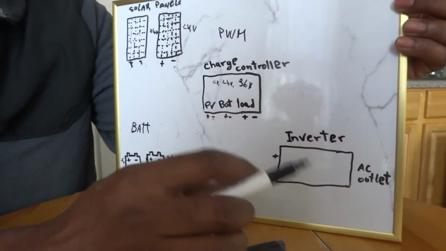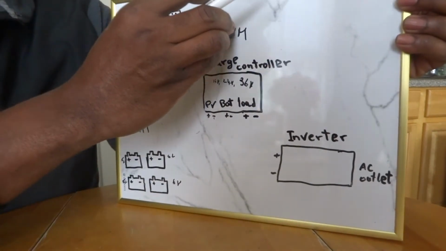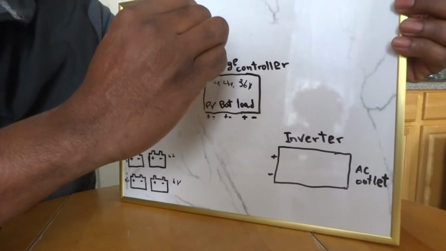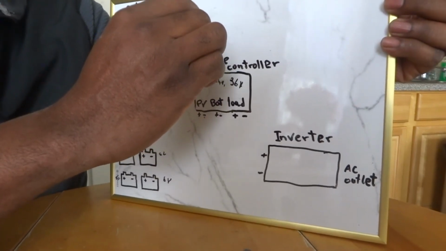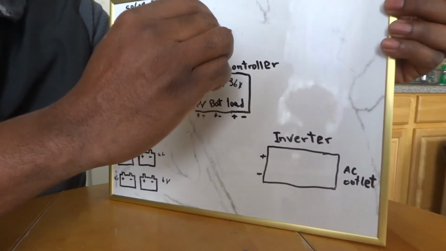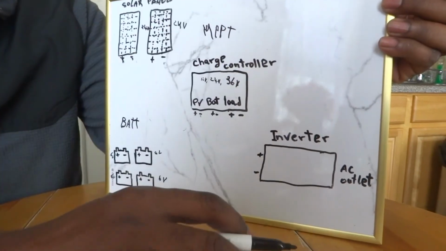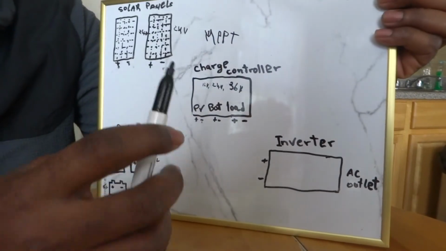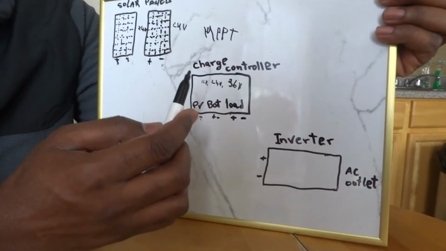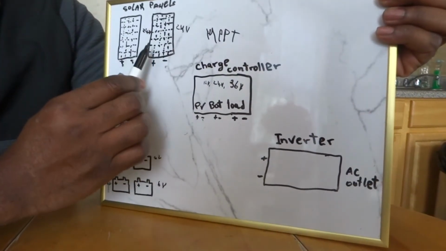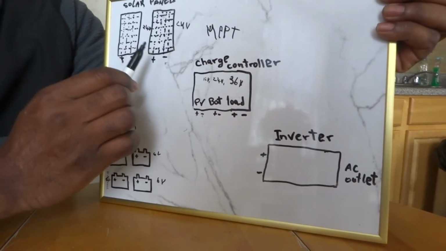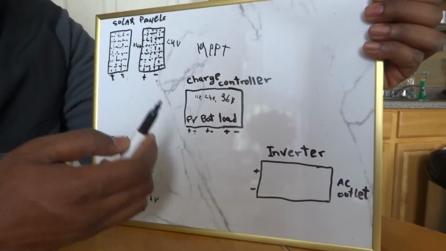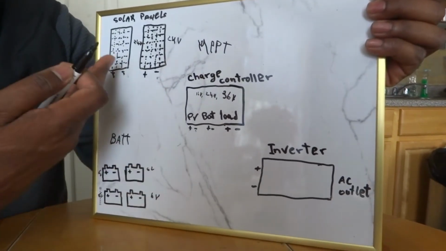But most likely I would suggest everyone use the MPPT charge controller. What's good about them is they handle the excess voltage. Even if the panel says 24 volts, when you test it with your multi-tester, you're not going to find 24 volts really.